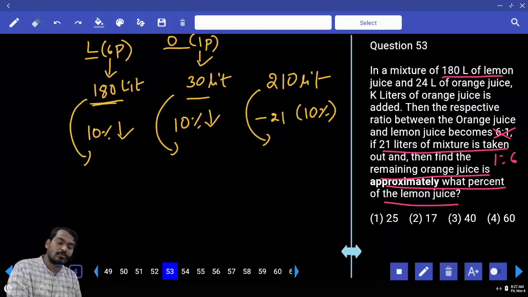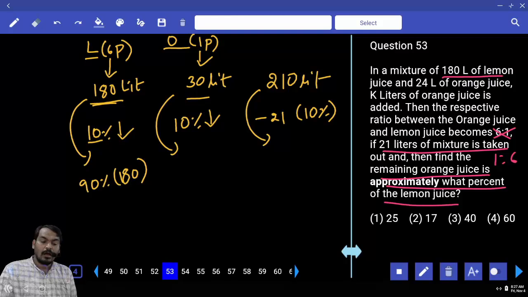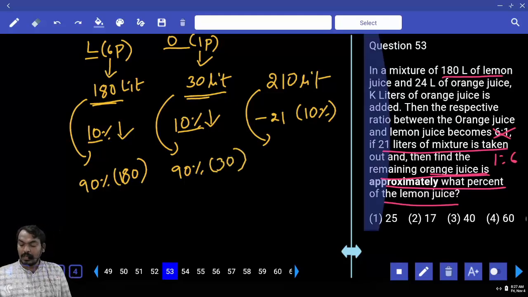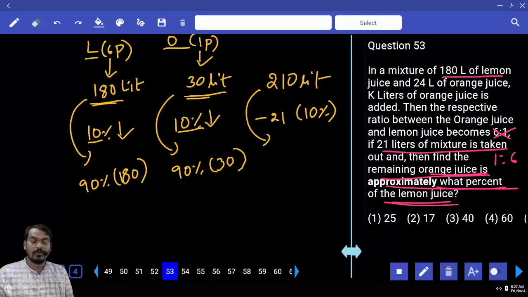Okay. Out of 180, how much percent is removed? 10%. What is the remaining lemon? 90% of 180 or not? Yes or no? Out of 30, 10% of orange is removed, means remaining 90% of which one? 30. What is the question here? Orange is approximately what percent of which one? Lemon.